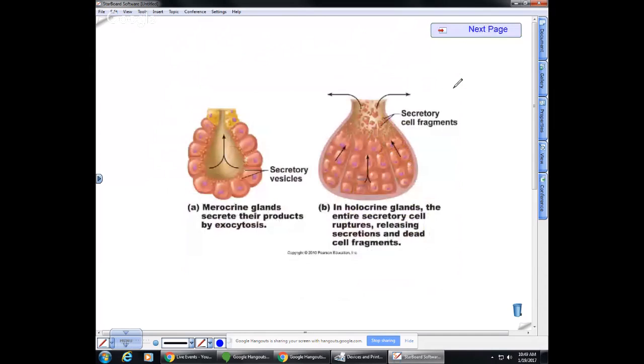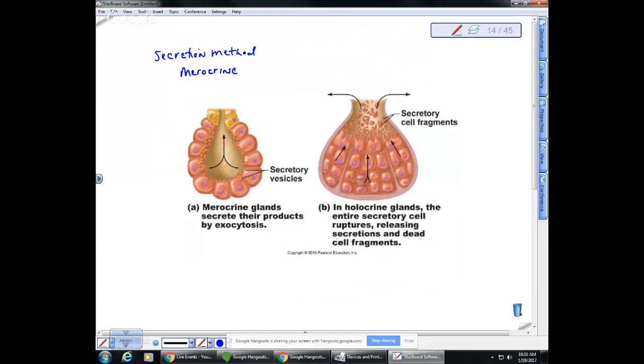Okay, so there's also a classification as to how the substances are secreted. So we'll put secretion method. I just showed you the secretion method of a goblet cell, and most exocrine glands, and also endocrine glands, secrete in that fashion. This is merocrine.